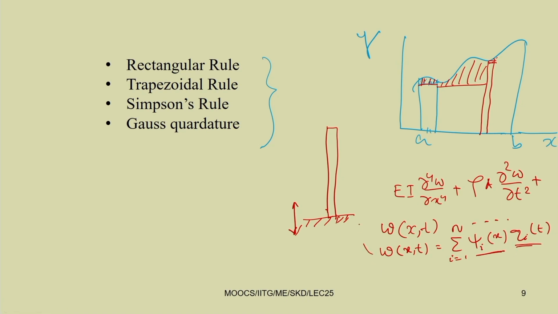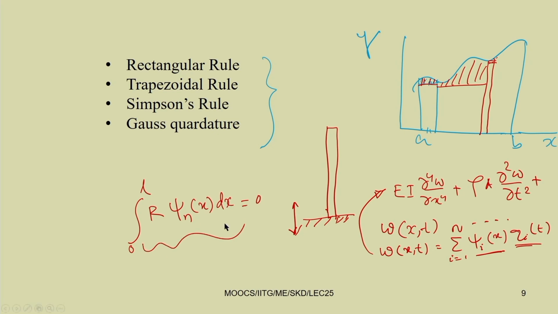We substitute this equation in the original equation and then integrate it, as these shape functions may or may not satisfy all the boundary conditions and the differential equation. So, there will be some residue when we substitute this W x t in the original equation. To minimize that residue, we usually integrate this residue over the length of the beam, multiplying by psi n x dx. We integrate and make it equal to 0.